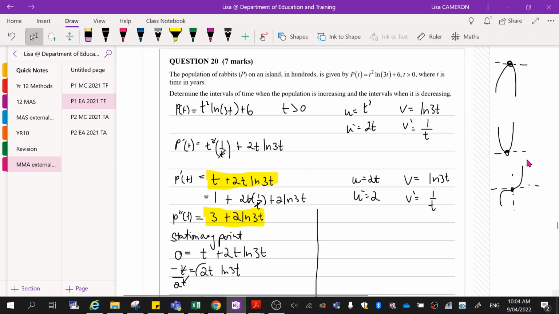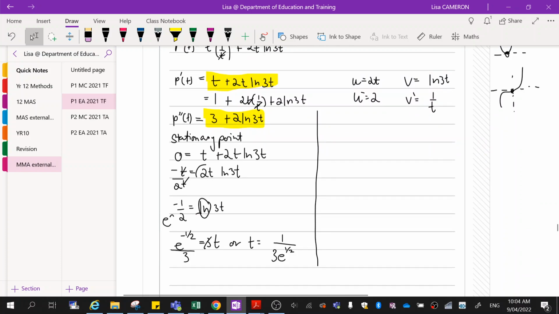If it gives me inconclusive, then it's like this. If it gives me a positive number, positive in the second derivative test would indicate that it's at a minimum. So it's decreasing and then increasing. A maximum would say that it's going to be increasing and then decreasing after that point. So very useful.